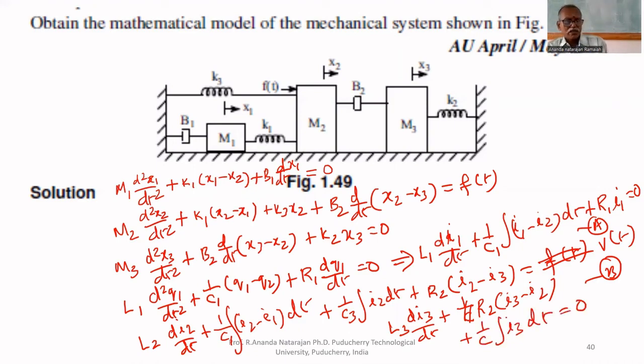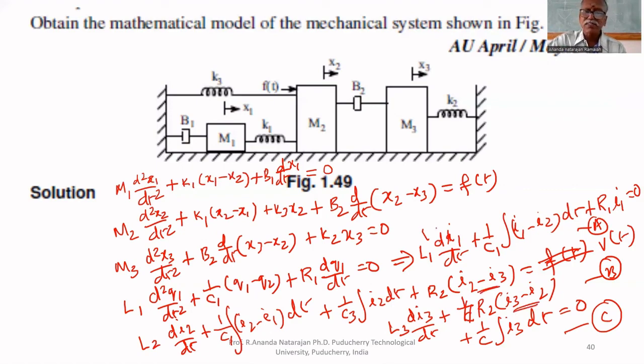That's all. So now we have to draw the circuit. There are three equations. Here you have to notice I2 minus I3, so there is an element between the second loop and the third loop.